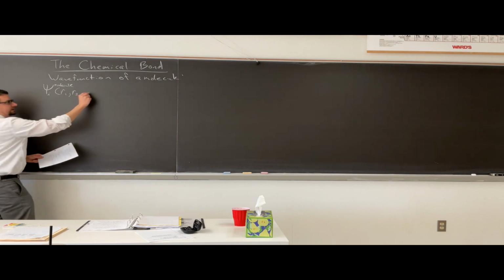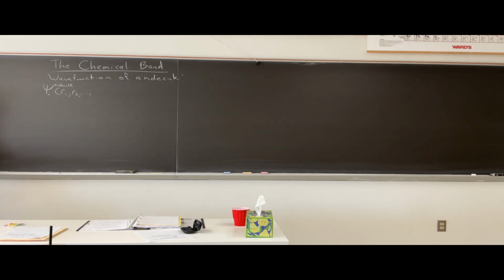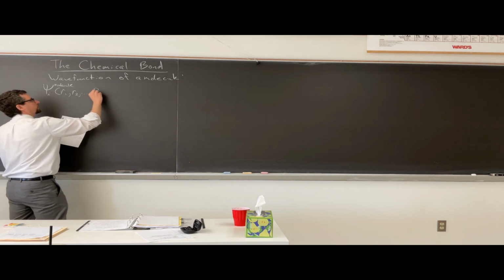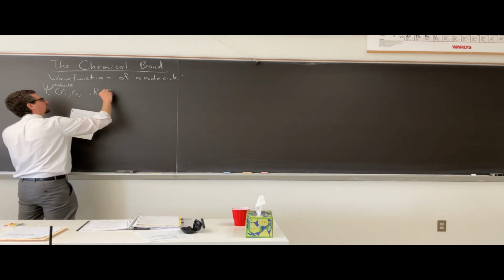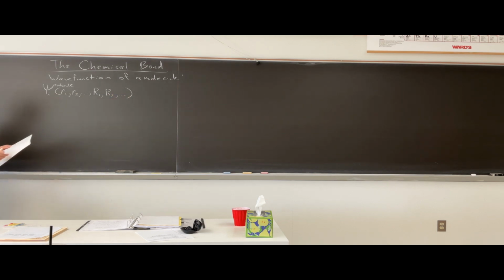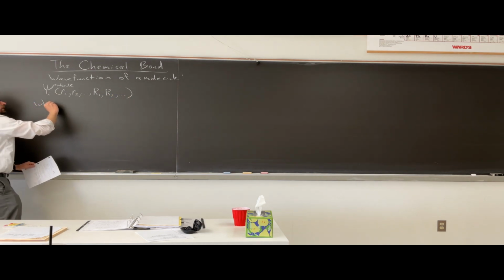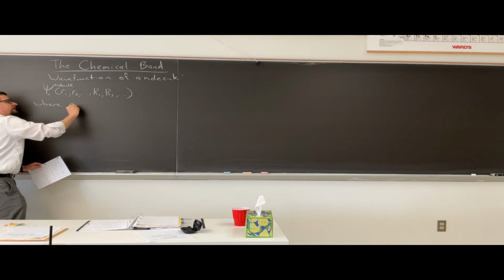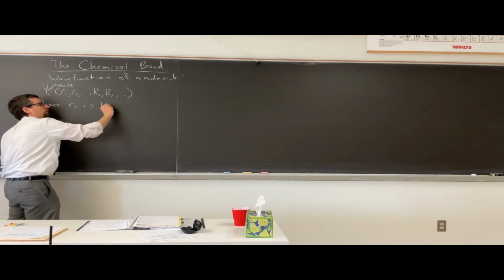What else besides the electrons? Yeah, the nuclei. We're going to show their coordinates with a capital R, 2, and so on. Where R sub I is the position of which species?